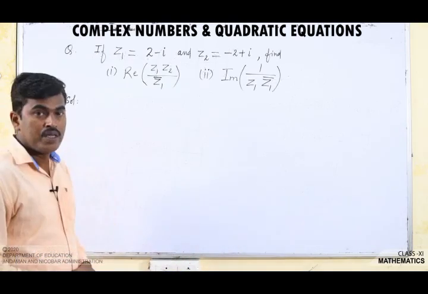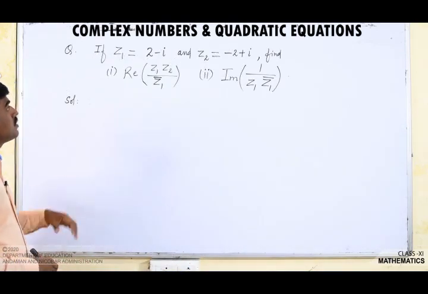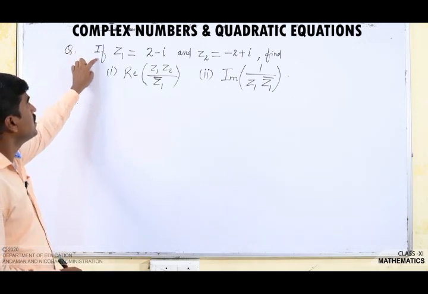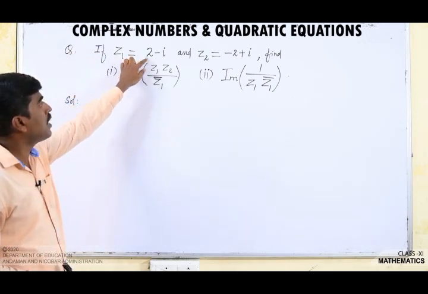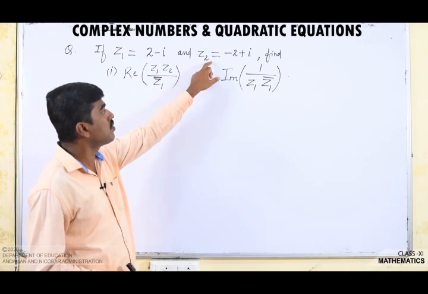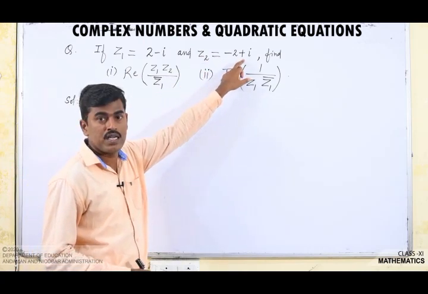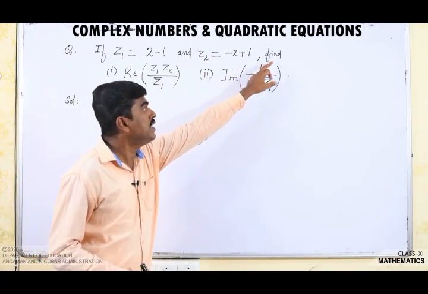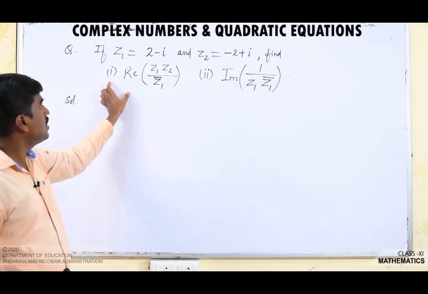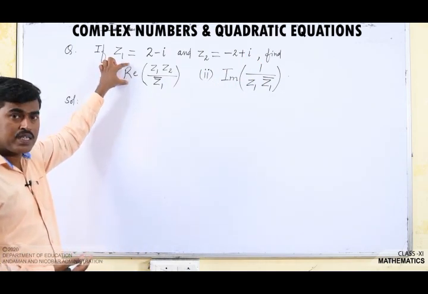Clear? Now let us move on to the next question. The question is, if z1 is equal to 2 minus i and z2 is equal to minus 2 plus i, these are two complex numbers. Find the value of number 1, Re. What is the meaning of this Re?